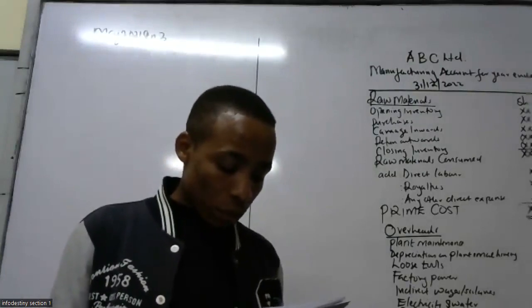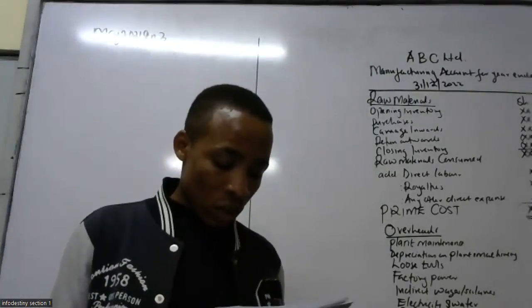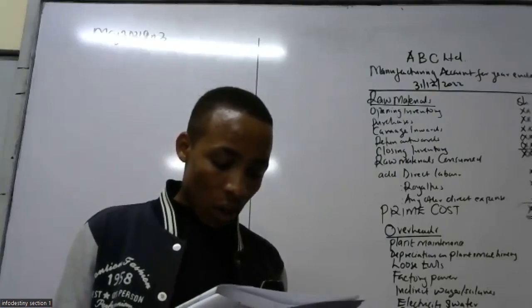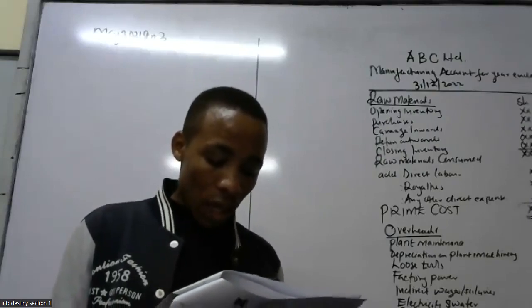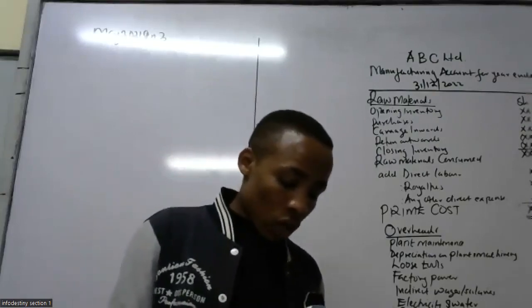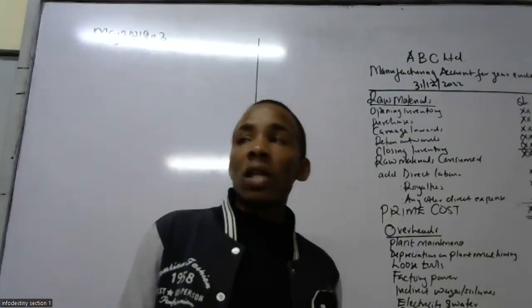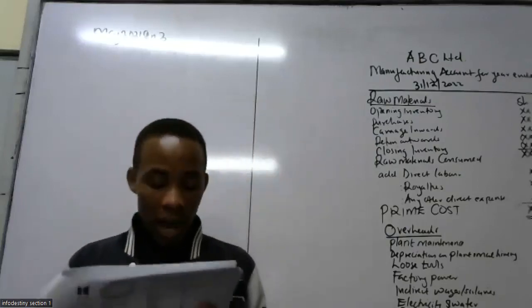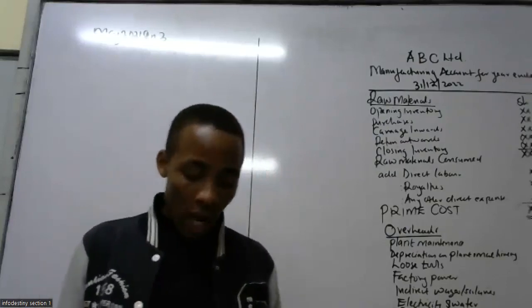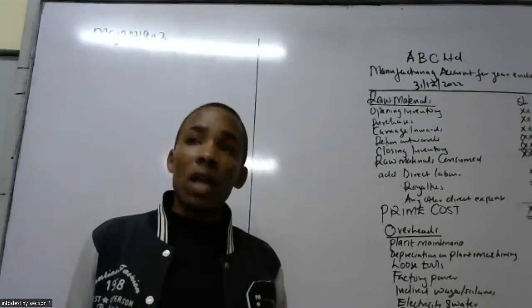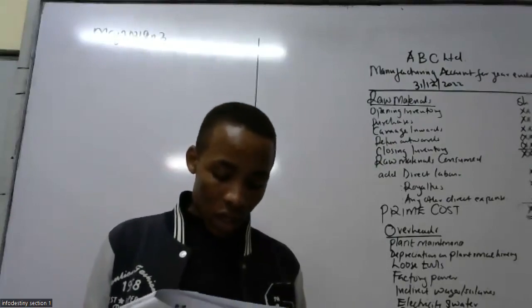Then information number 4: at 30th September 2020, accrued direct labor cost amounted to 6 million, while prepaid rent amounted to 4 million. Direct labor is a cost and it is accrued. Accruals at the end of the year, we add to the given cost of the expense.